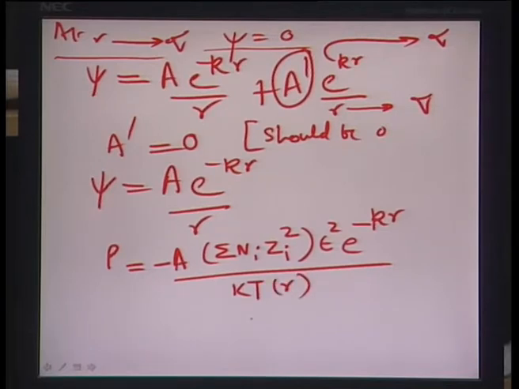So, essentially this is the same as writing minus sigma n I z I square e square phi by k t, phi being a e to the power of minus k r by r. We have just made a slight rearrangement here for the charge density.